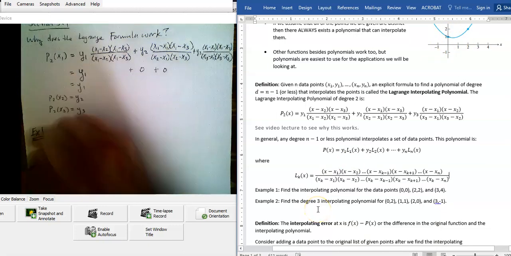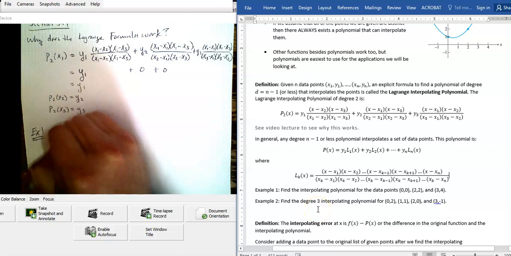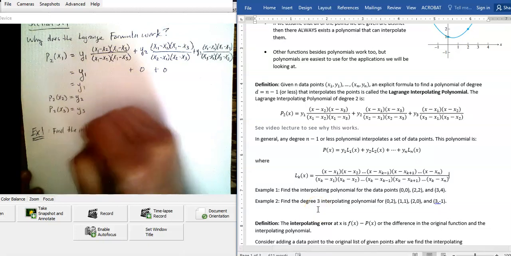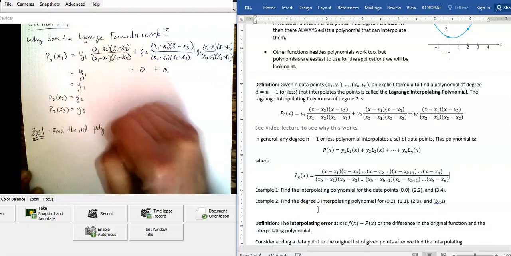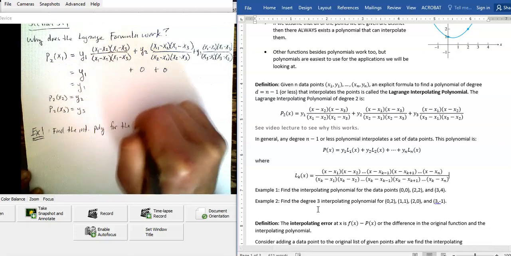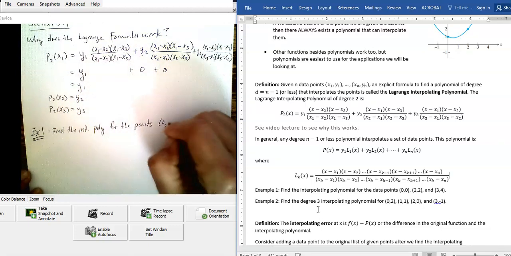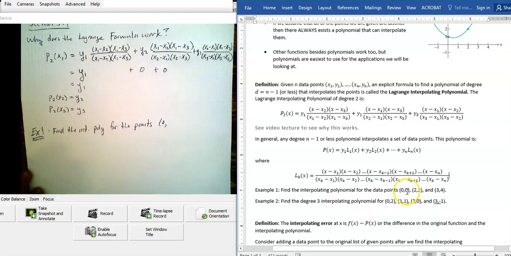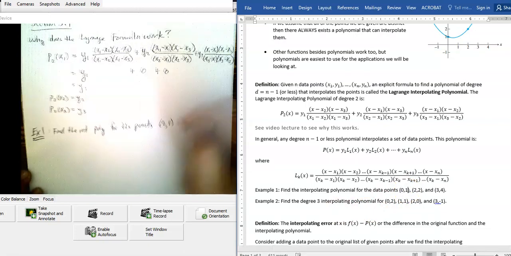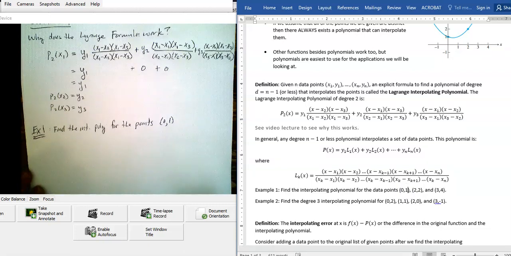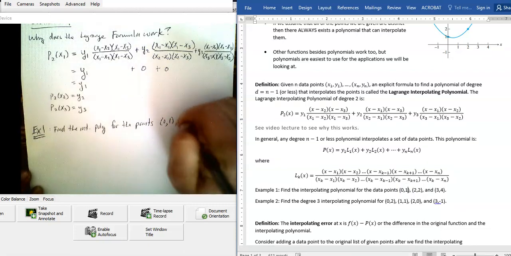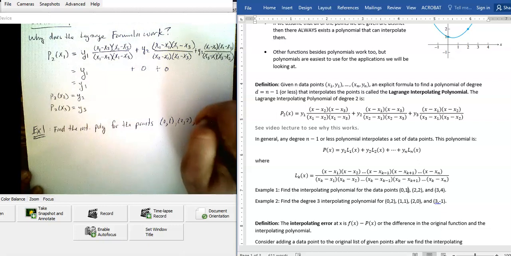So we want to find the interpolating polynomial for the points 0, 1, 2, 2, and 3, 4.